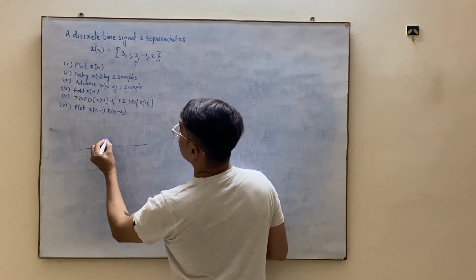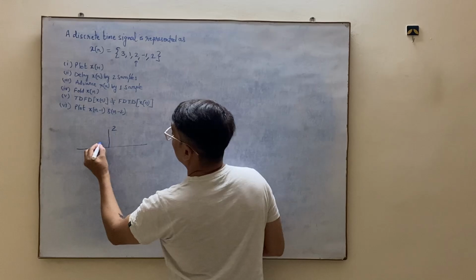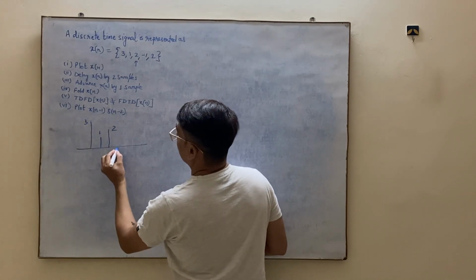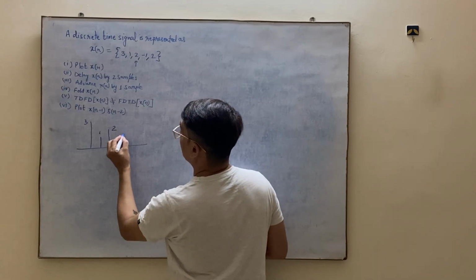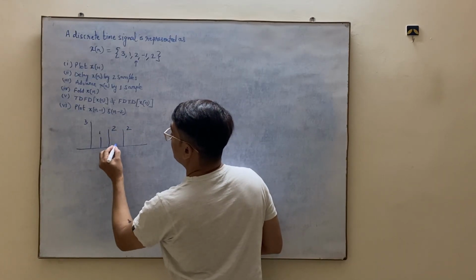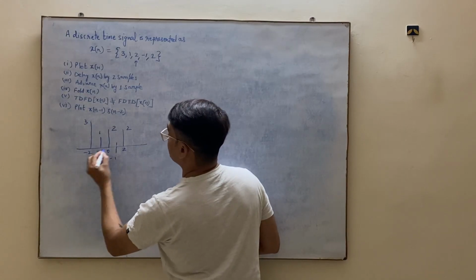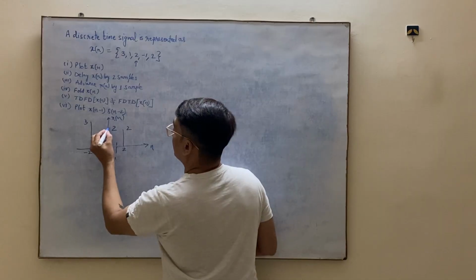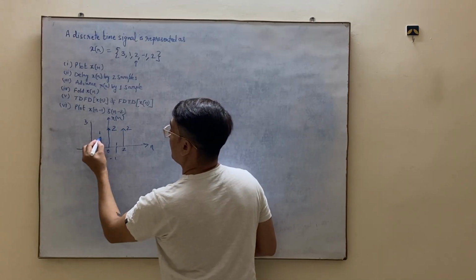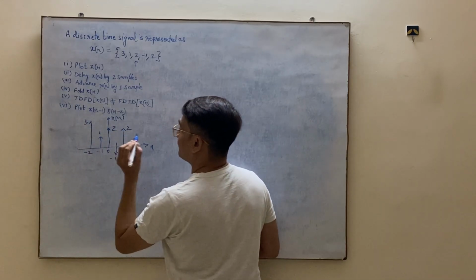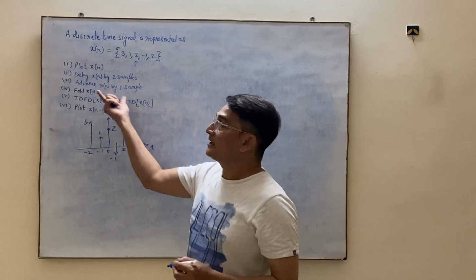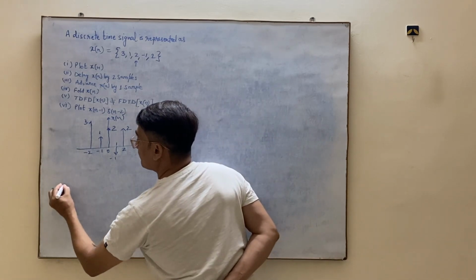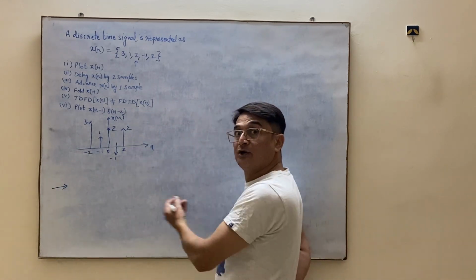So it is very simple. At n is equal to 0, it has value 2, then 1, 3, minus 1 and 2, at positions 0, 1, 2, minus 1, minus 2. This is n and this is x of n, and this is the value 2. So very simple. You have just plotted x of n. Now delay x of n by 2 samples. Delaying x of n by 2 samples means you have to shift all the samples by 2 values.